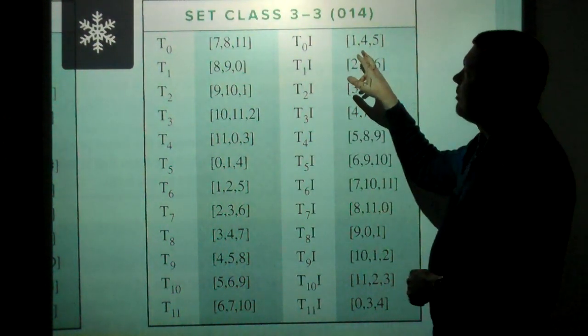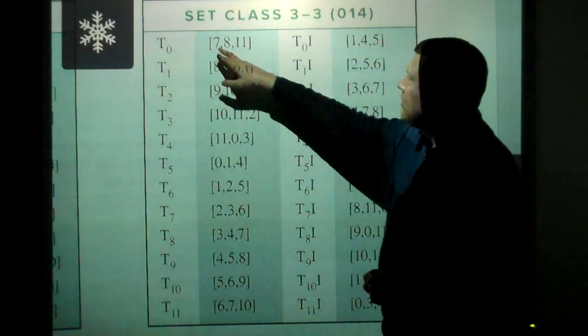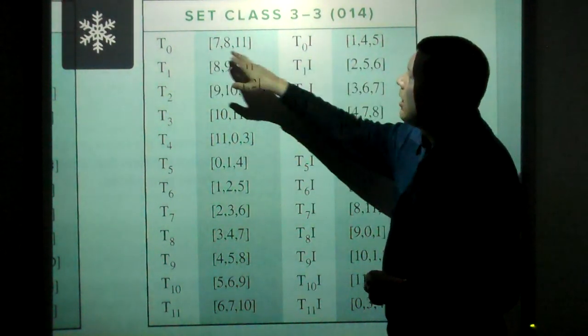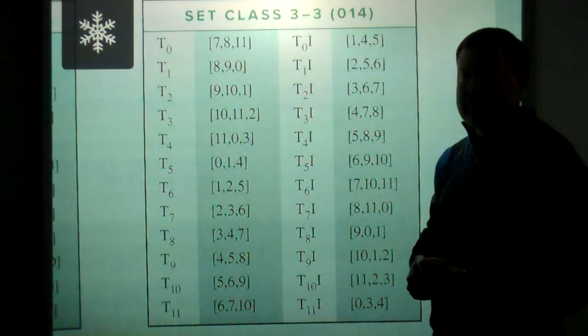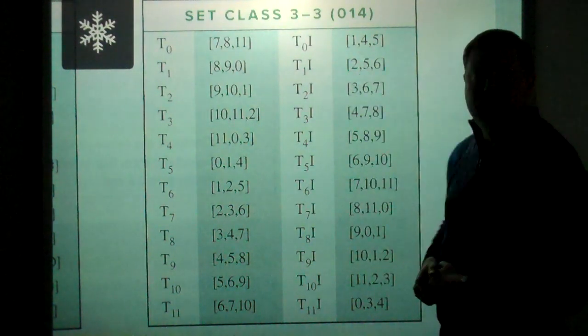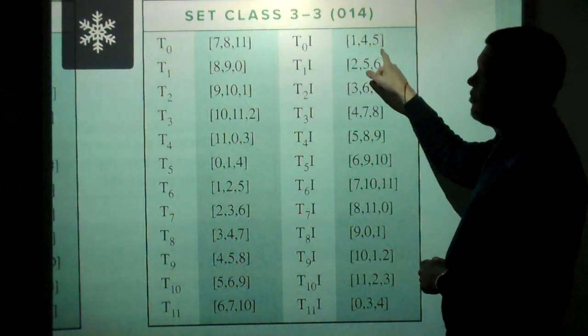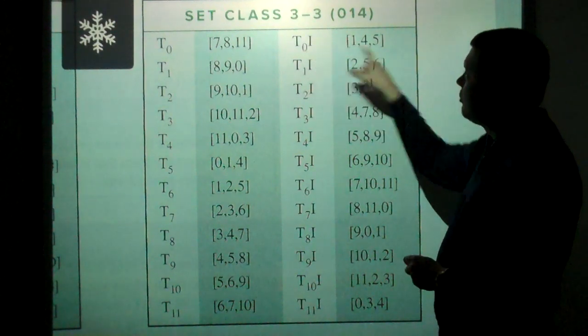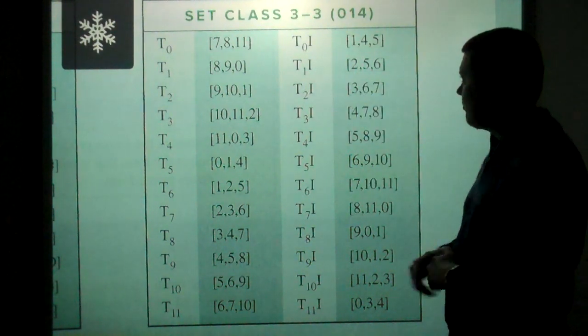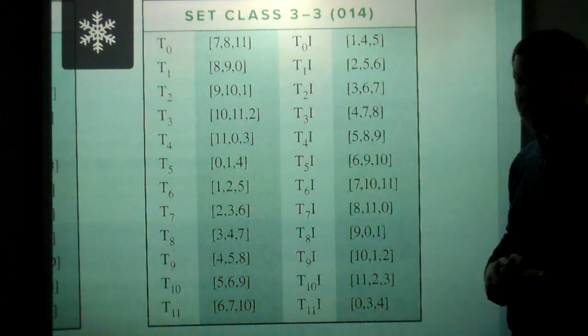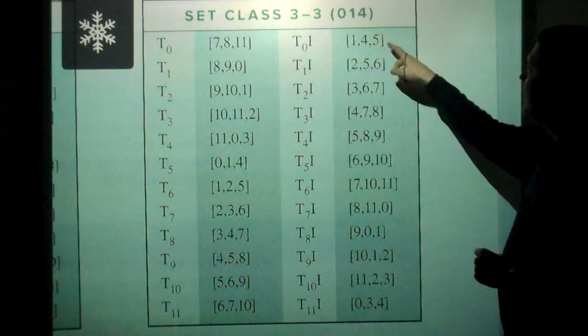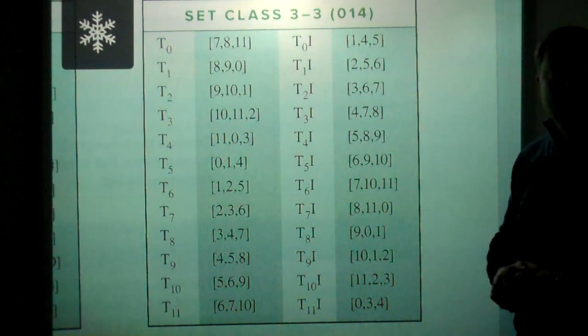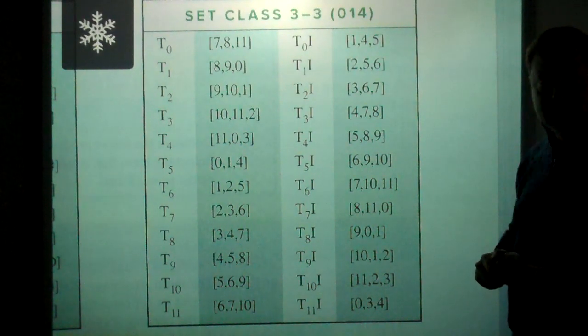We also figured out on a previous screen that the normal order of the inversion of pitch class set 7, 8, 11 is 1, 4, 5. So here's the normal order of that inversion with no transposition involved. And then again, there are 11 transpositions of this pitch class set for a total of 12 inversions.